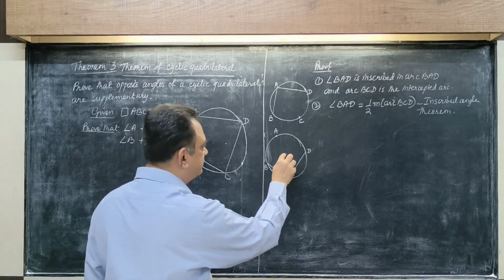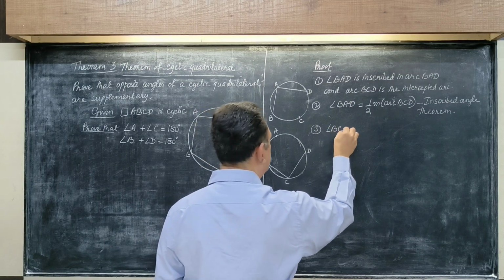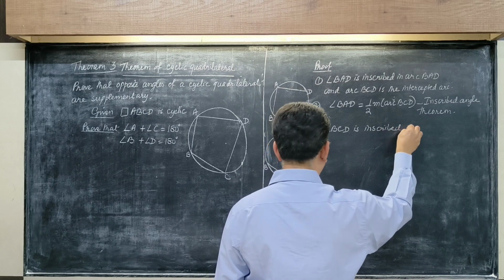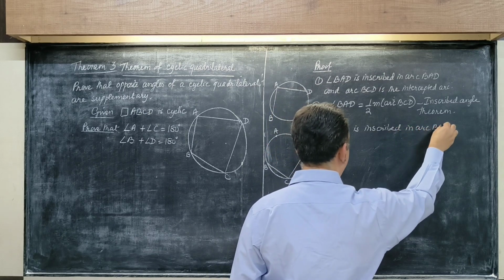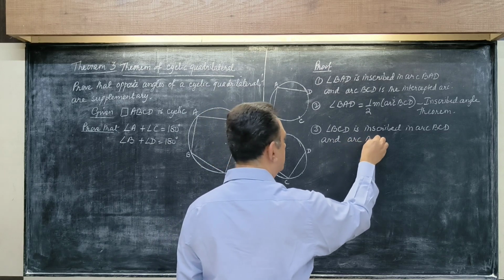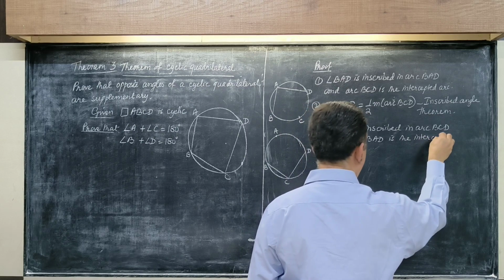So referring to this figure, third point: angle BCD is inscribed in arc BCD and arc BAD is the intercepted arc.